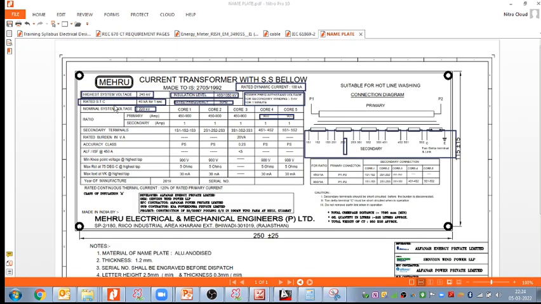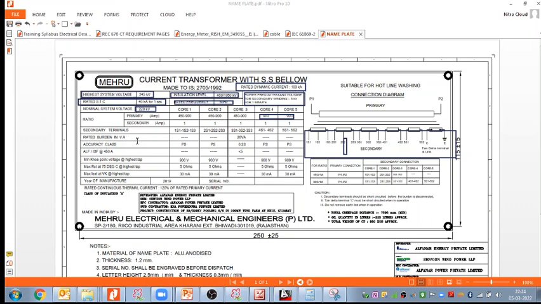Who asked me about the rating plate here? Okay, Amit. I will show you the picture below. Don't worry. We have one session on how to review the CT vendor drawing, so at the time of the CT vendor physical drawing review, I will show you.